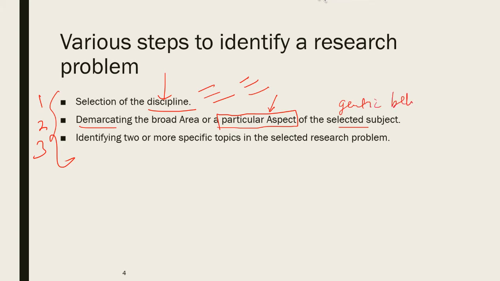Third point, identifying two or more specific topics in the selected research problem, actually leads to the identification of the problem or research question. This is the final step. Here, the researcher selects the specific topics on which to focus.